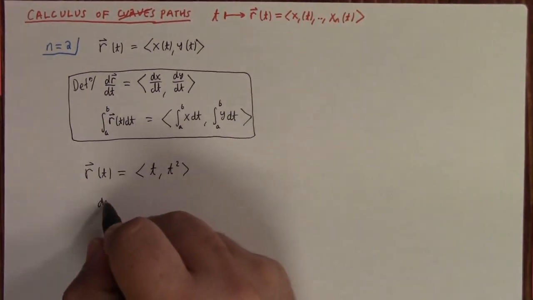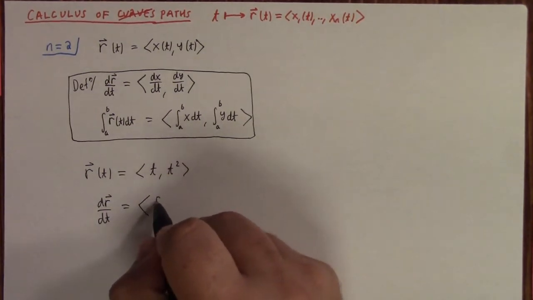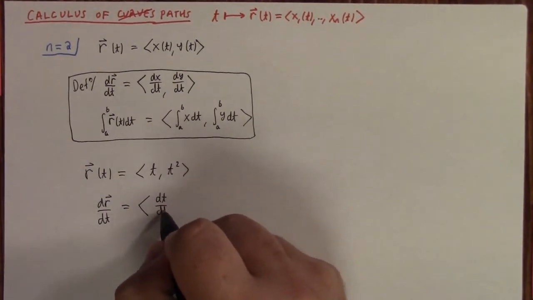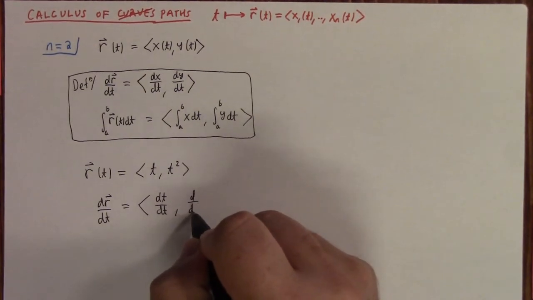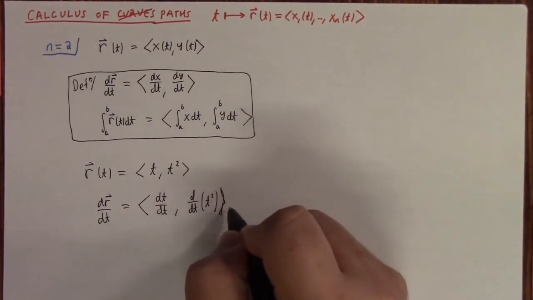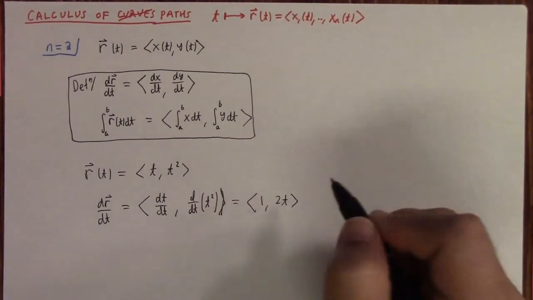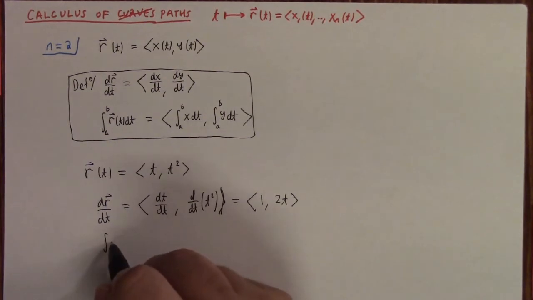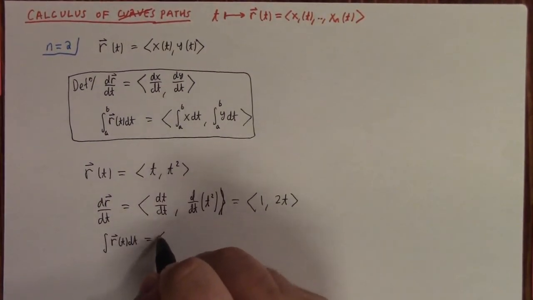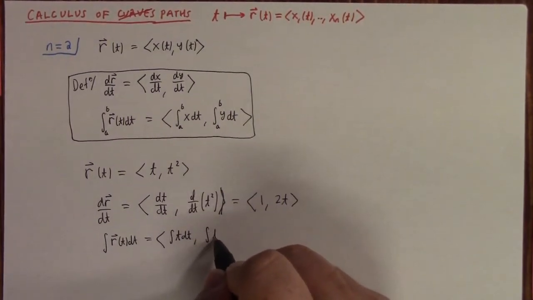then dr dt, so I d dt of t, comma d dt of t squared, oops, which is 1, 2t, and if I was to integrate this, that would be like integral of t dt, integral of t squared dt.